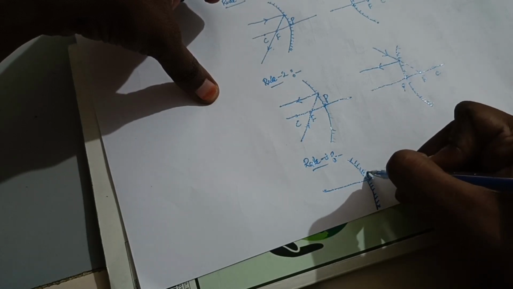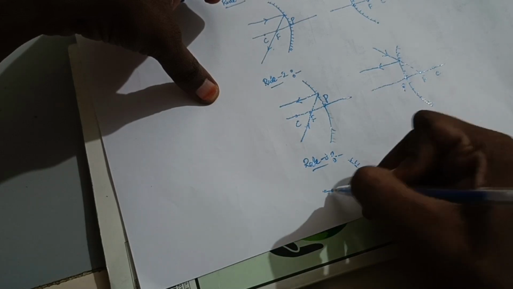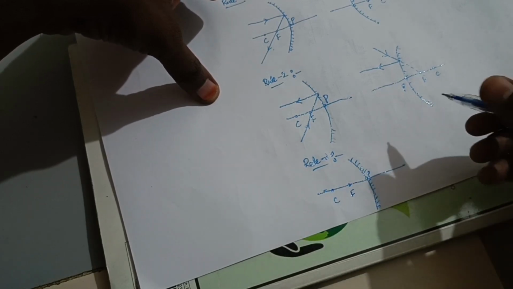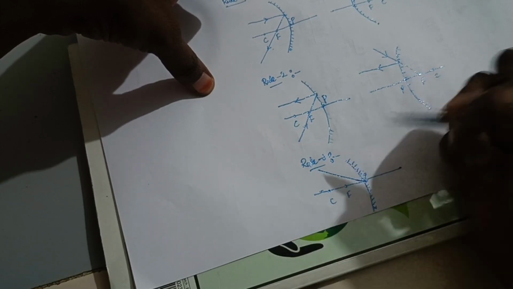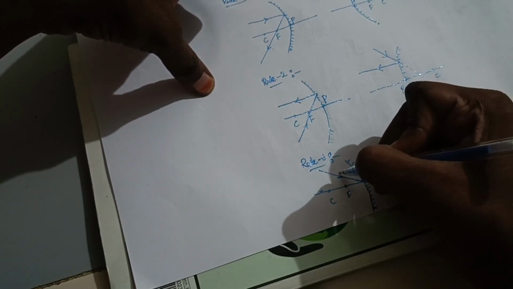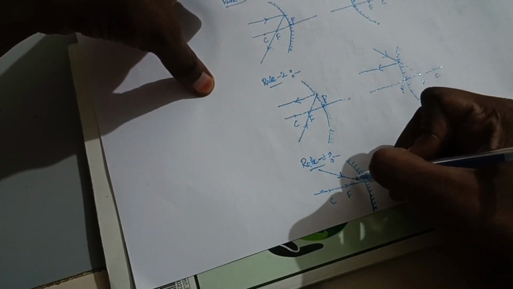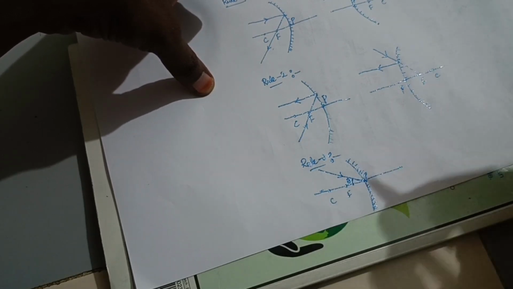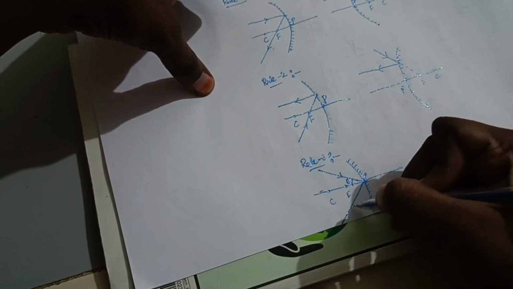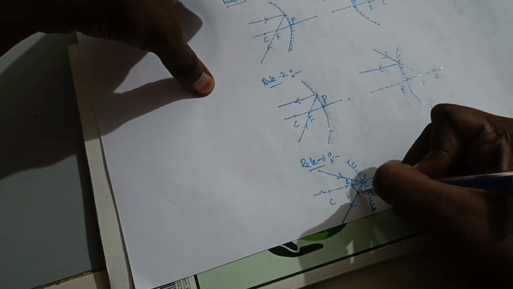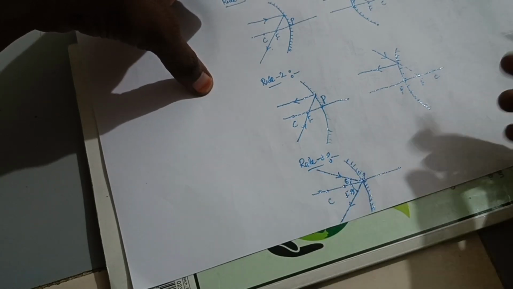This is the pole, this one may be the focus, and this is the center of curvature. Here the incident ray must strike the pole obliquely. Obliquely means making some angle with the principal axis. So this is the incident ray which is striking the pole by making an angle of theta. Therefore, you will have the reflected ray with the same angle in the other direction. So this is the reflected ray and this is the incident ray.